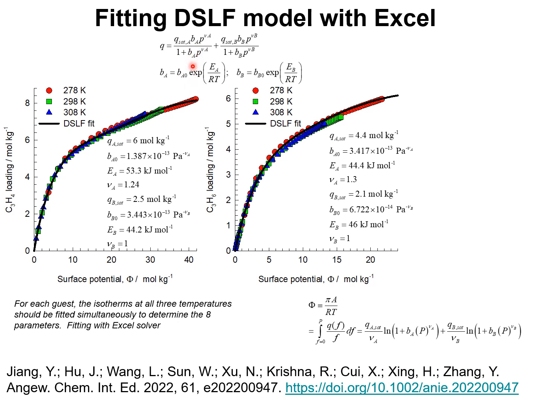So for each guest species, there are 8 parameters to be fitted: QA sat, BA naught, EA, nu A, QB sat, BB naught, EB, and nu B. I determine these 8 parameters simultaneously using the Excel solver.